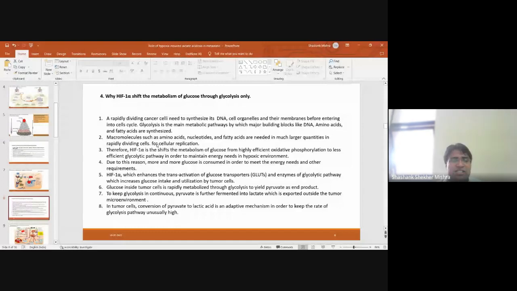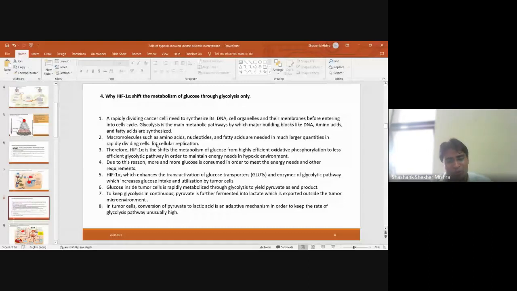As we know, glycolysis is a pathway in which, for oxidation of glucose, there is no need of oxygen. For extraction of energy from glucose at this step, a cell doesn't need oxygen, but to extract energy in the mitochondria, for the citric acid cycle, the cell needs oxygen. So in that case, HIF-1 alpha shifts the metabolism of glucose in cancer cells to glycolysis only.